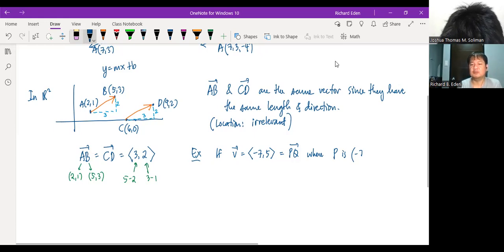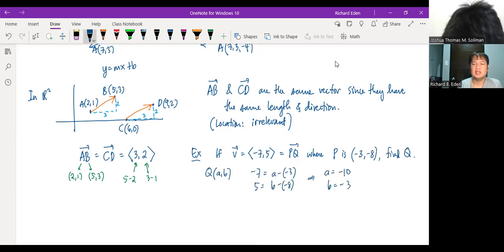So from this we get A equals -10 and B is -3. So that means Q has coordinates -10, comma, -3.